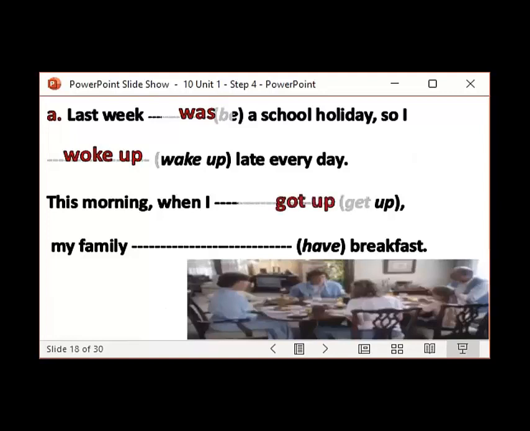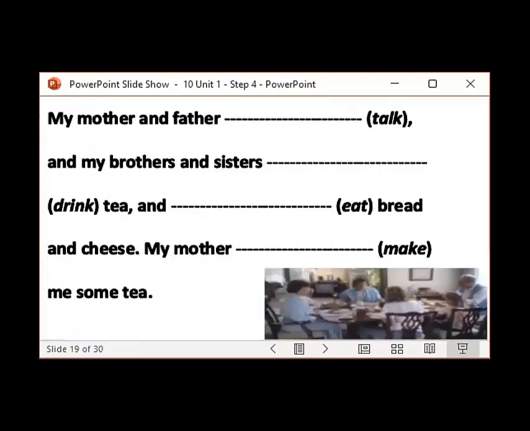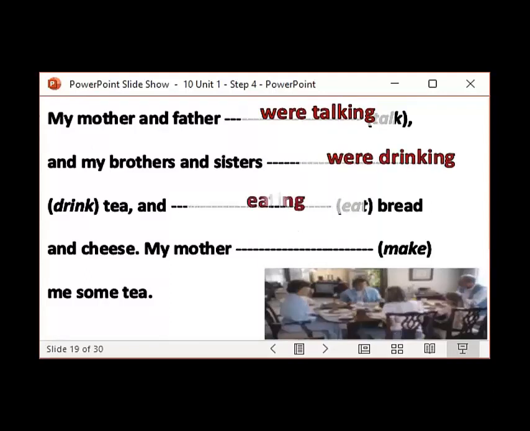This morning, when I got up, my family were having breakfast. My mother and father were talking, and my brother and sisters were drinking tea and eating bread and cheese.